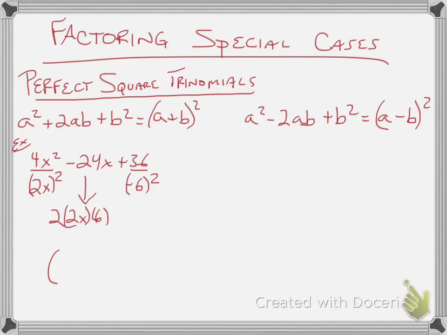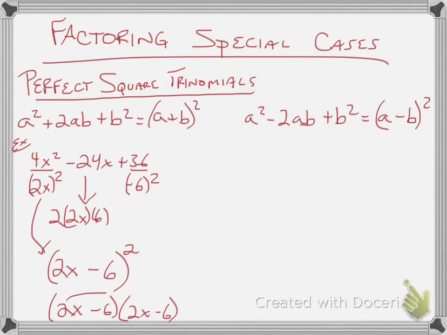Which means when I factor it, it's going to be 2x, that a term, minus 6 squared. And you can double check it: 2x minus 6 times 2x minus 6, and multiply it out, FOIL or distribute twice, and it will come back to this one.